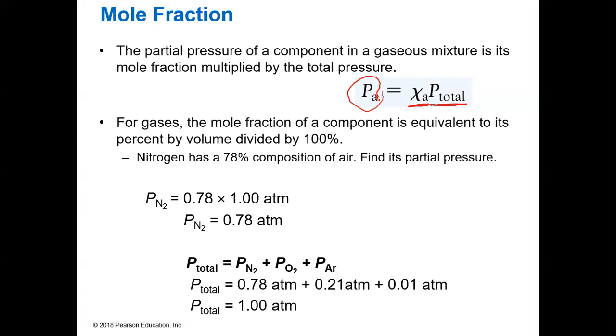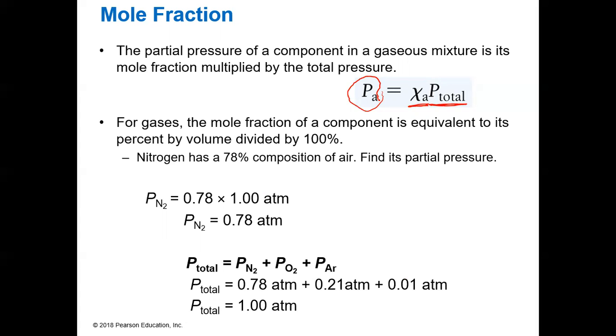Okay, so here's an example. For gases, the mole fraction of a component is equivalent to its percentage by volume divided by 100%. In other words, mole fractions should always add up to be 1. So I told you in a previous slide that dry air was 78% nitrogen.